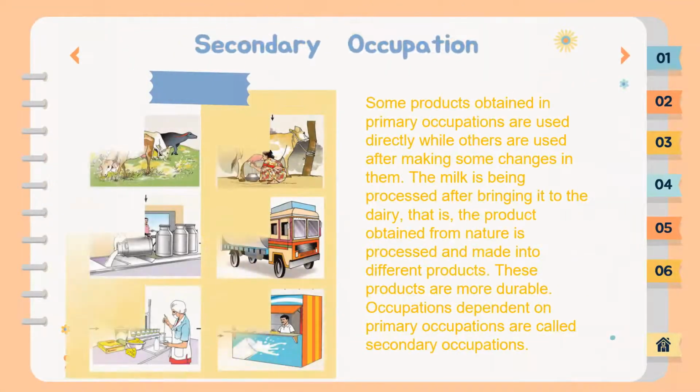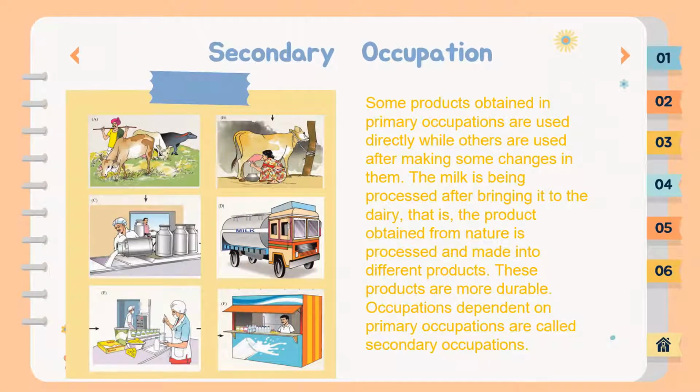The second type of occupation we are going to talk about is the secondary occupations. Some products obtained in primary occupations are used directly while others are used after making some changes in them.